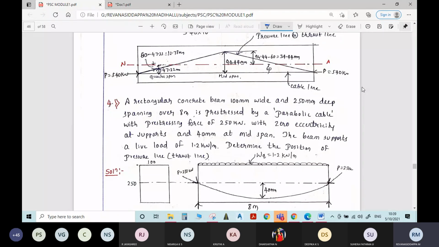Take the next problem after finishing the previous one. After finishing, write problem number 4.